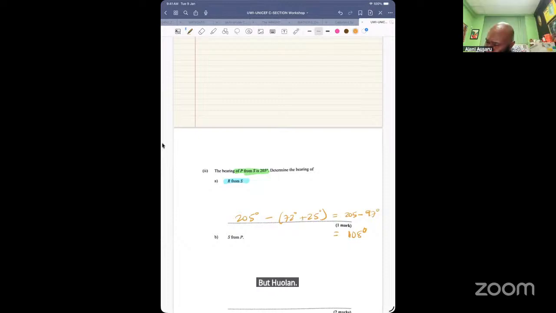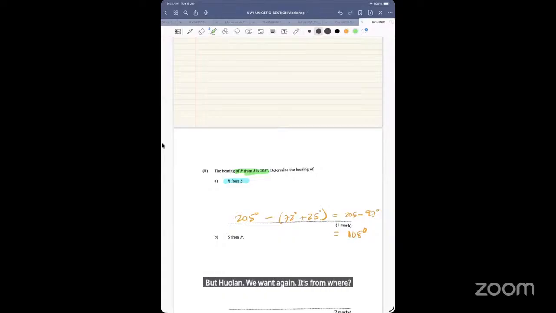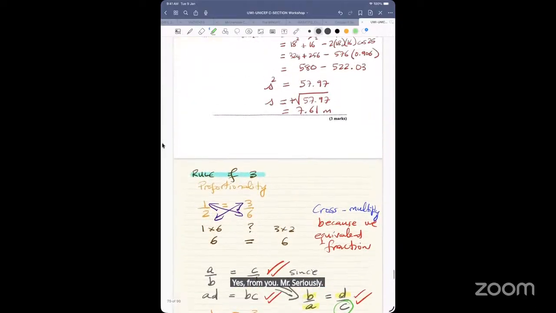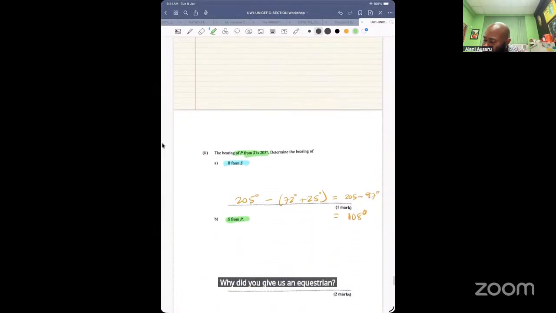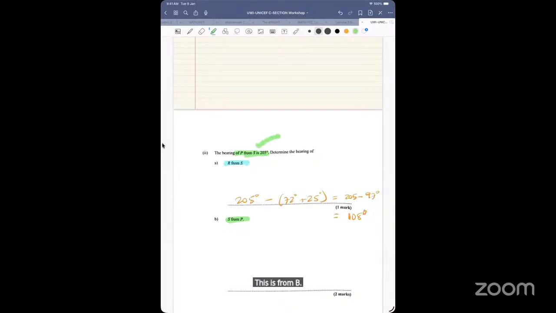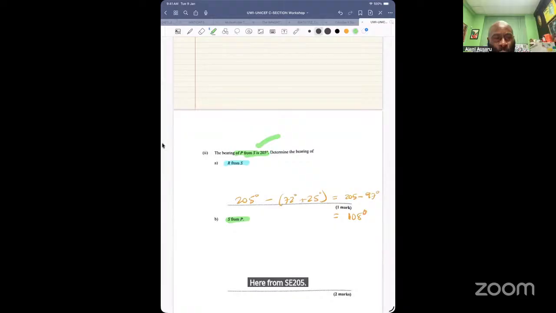S from where? From P. What did he give us in the question? P from S is 205. And what is S from P? What's the term for S from P?